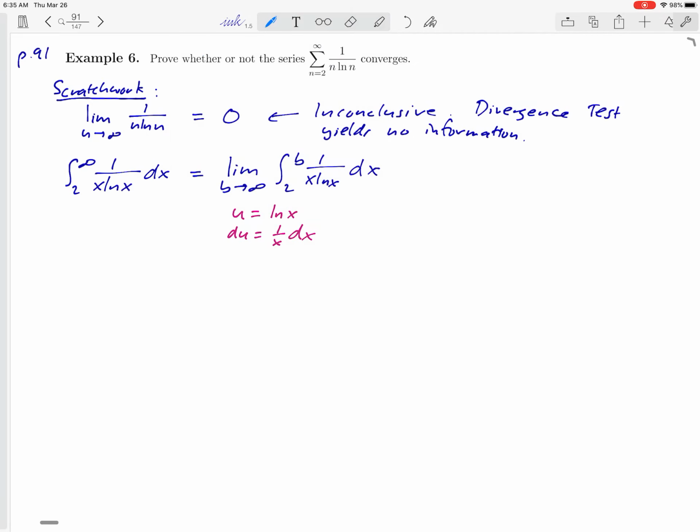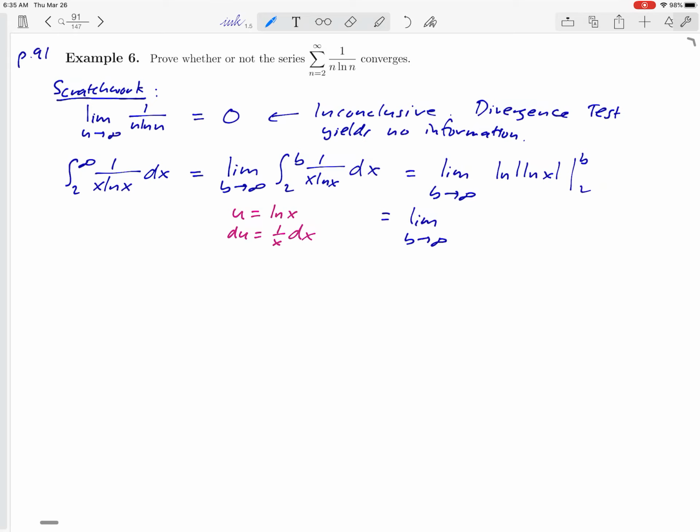Carrying through the details, after you take your antiderivative and finish the u substitution process, you're going to get an antiderivative that looks like ln of ln of x, and that's going to get evaluated between b and 2.